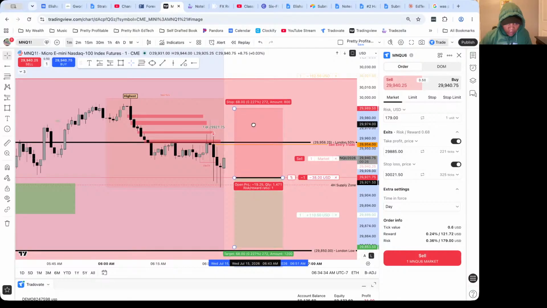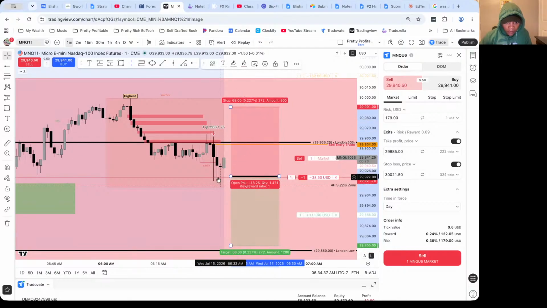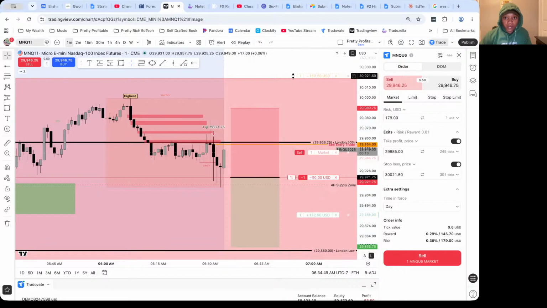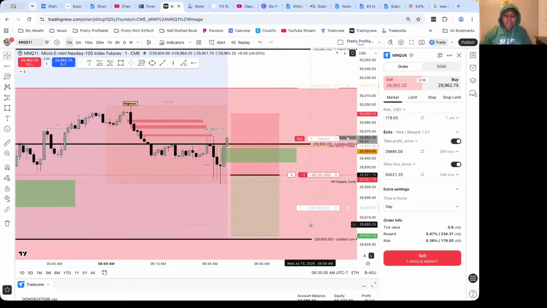Okay. That's respecting this zone. So this is my first time trading within a demand zone or supply zone. So now I'm learning.